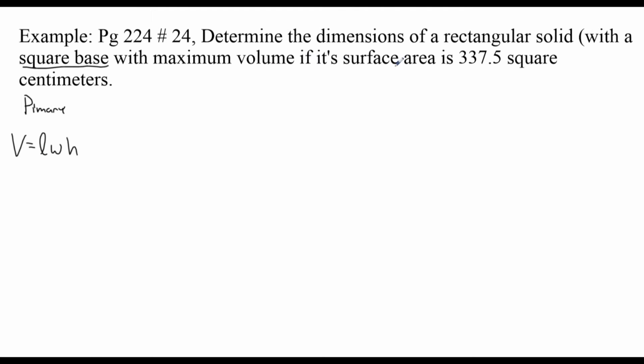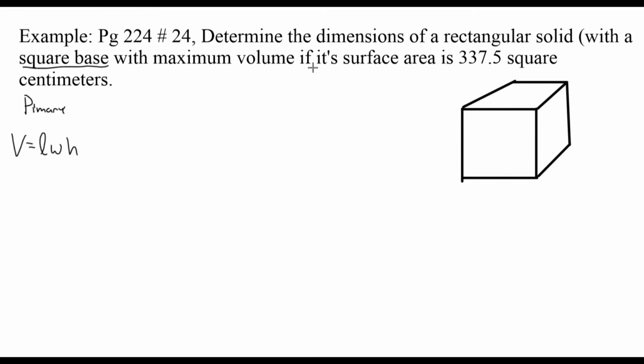Let's just real quick draw in a little rectangular solid. I know that looks like a square solid, doesn't it? Oh well, we'll live. If I say this is length, this is width, this is height, because it has a square base, I can go V equals L squared times h.